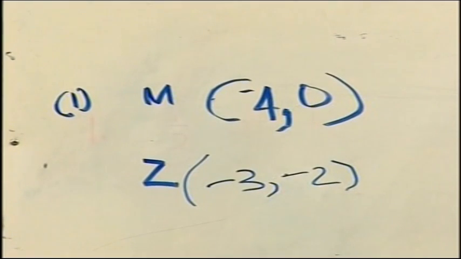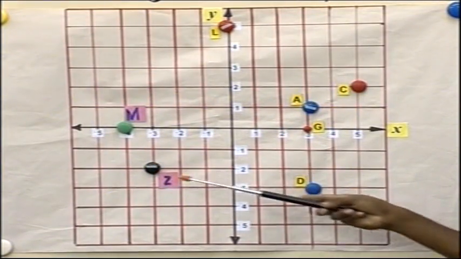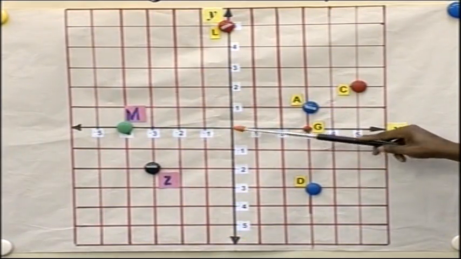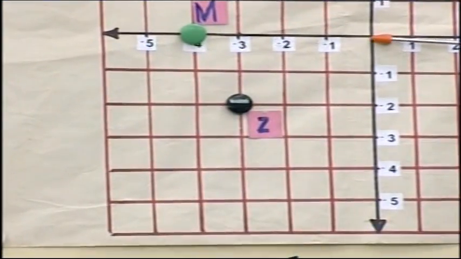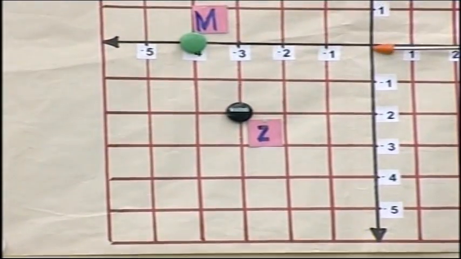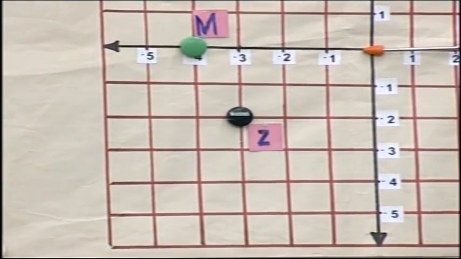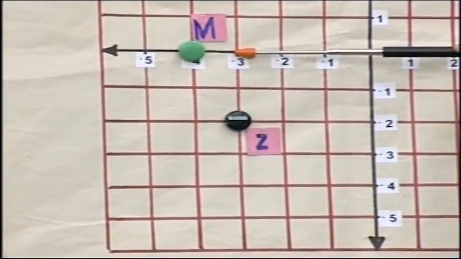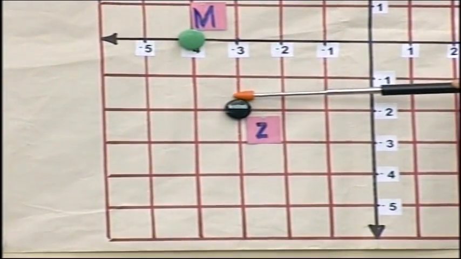Okay. Z. This is point Z. What is the x-axis? It is -3. You can see 3 distance to the left. 1, 2, 3. So -3.